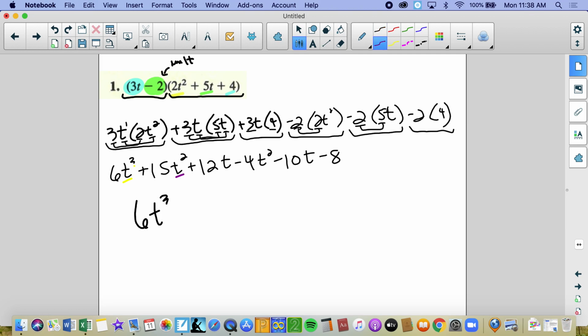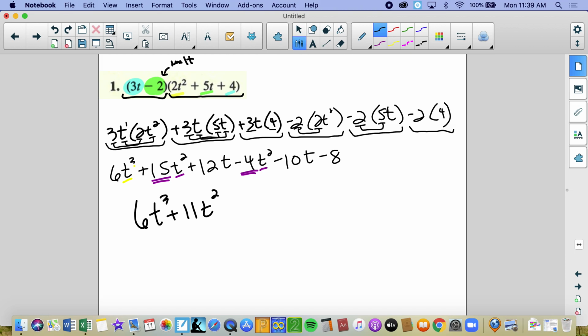Is there another t to the second? Yes, there is. And when we do that, we're going to combine their coefficients, add and subtract. So +15, -4 gives me +11t squared. So we keep the variable after we add and subtract like terms.